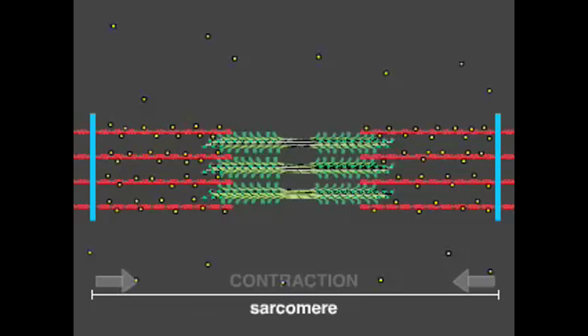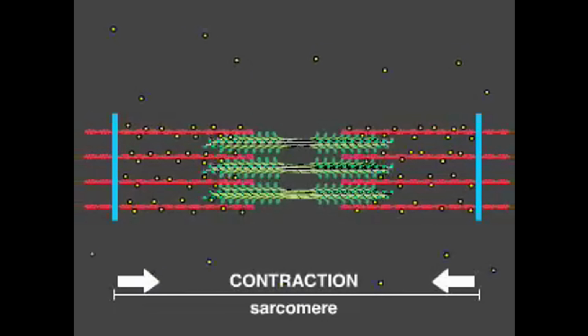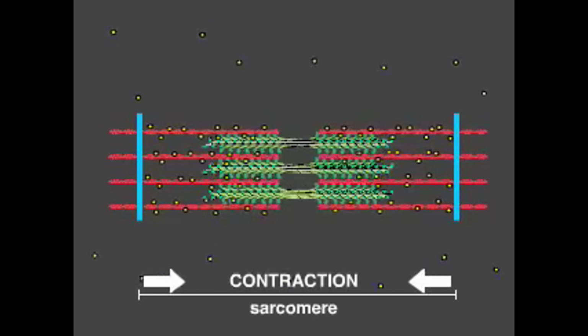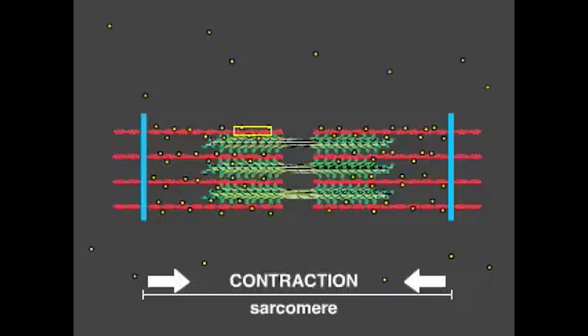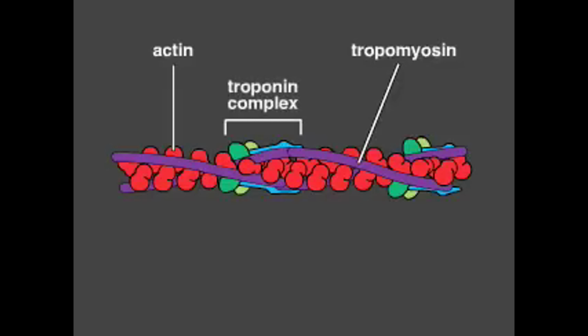Calcium will then attach itself inside the muscle cell to a special protein called troponin. And this will cause another protein called tropomyosin to move and free a very, very important protein called actin. Okay, this is the most important part. Please remember this.